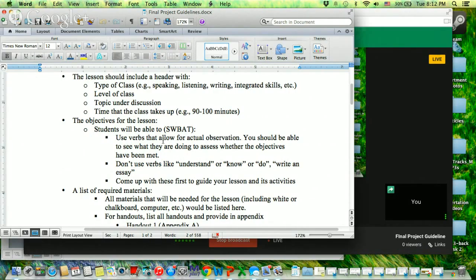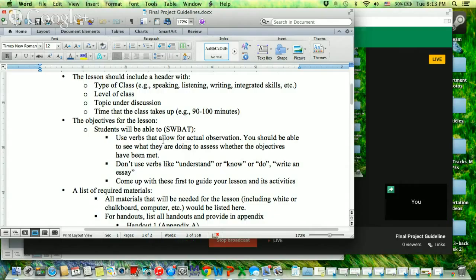So verbs like understand, know, or do, or write an essay. Unless you have some specific way that you can actually measure understanding, it's better to use a more concrete verb. You want to steer clear from using things like understand or know, just because they're not directly observable.